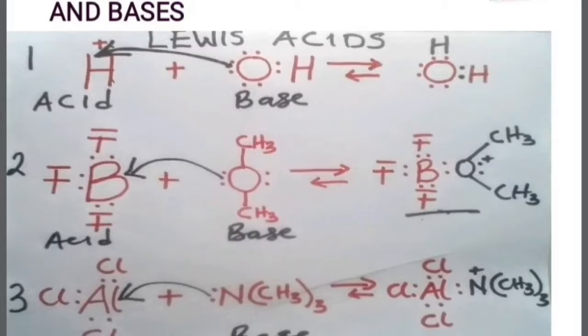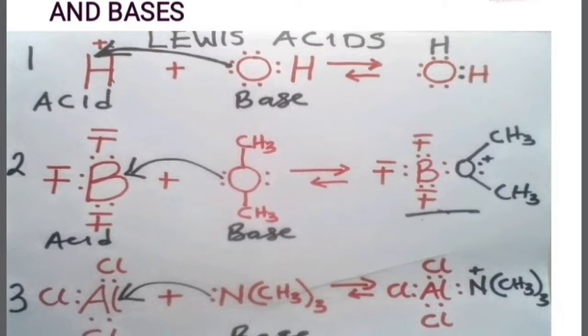Now, let's discuss the basic illustrations on the screen, based on the explanations and definitions we have discussed so far. For example 1, we have hydrogen ion reacting with hydroxyl ion to give water. The hydrogen ion is acting as a Lewis acid, while the hydroxyl ion is acting as a Lewis base.